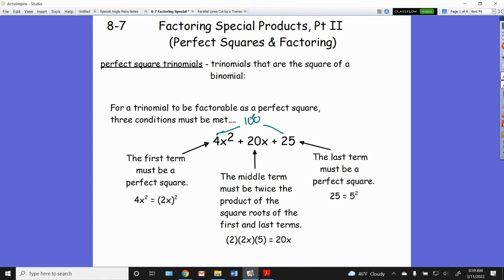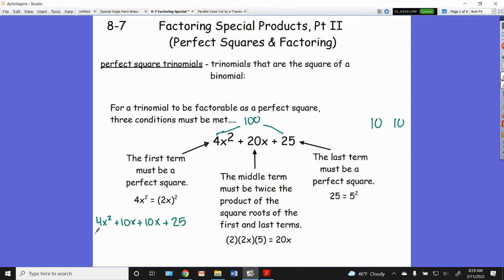I need two numbers that multiply to give me positive 100 and add to give me positive 20. That would be 10 and 10, right? And then I would say 4x squared plus 10x plus 10x plus 25, right?